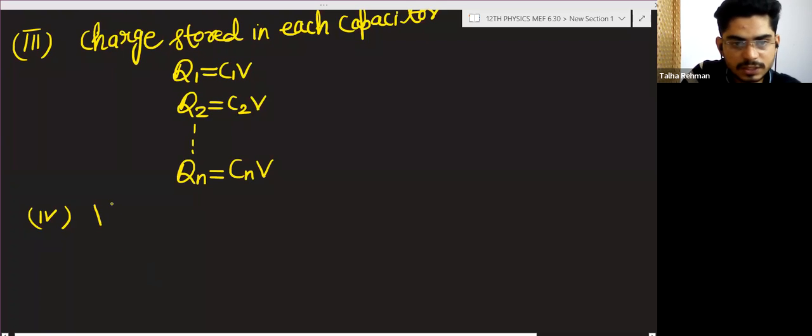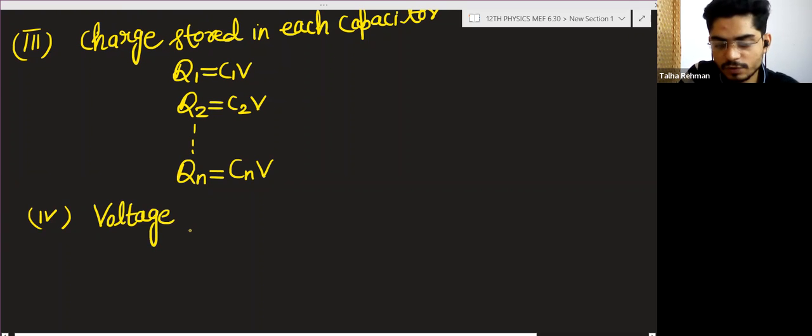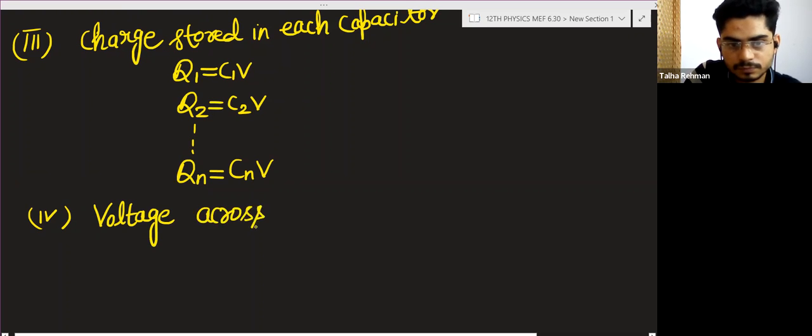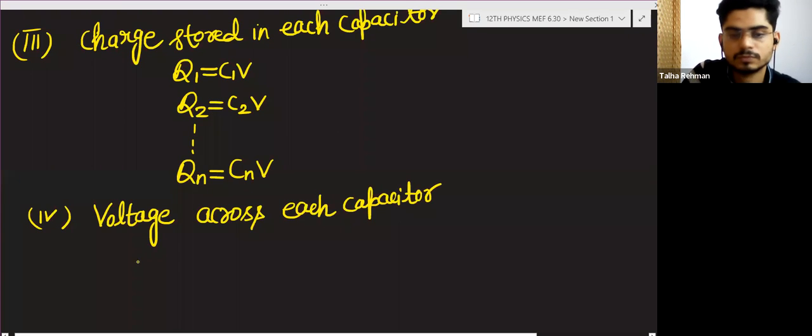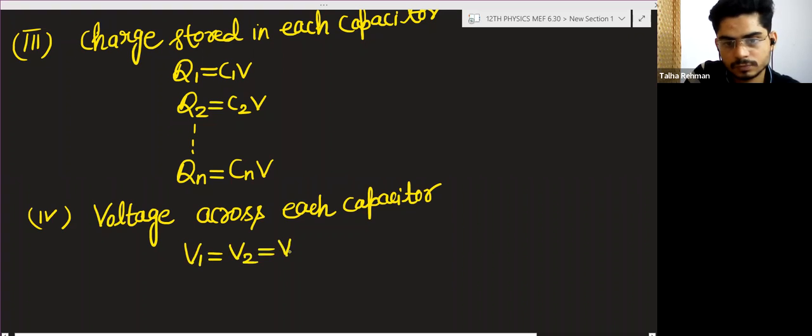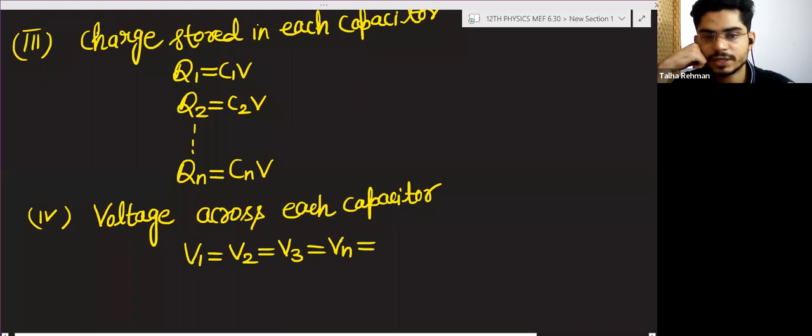Voltage across each capacitor. Nawal, can you tell me what is the value of voltage across each capacitor? Nawal, what is the voltage across each capacitor?